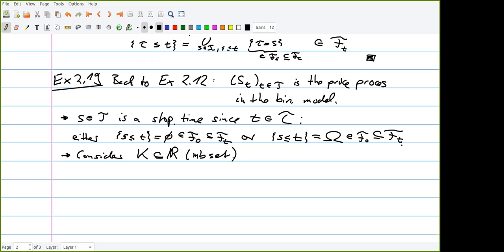We always need to assume measurability, otherwise we could do anything. The example we considered so far was that we wanted to stop the moment the price process gets bigger than a constant C.